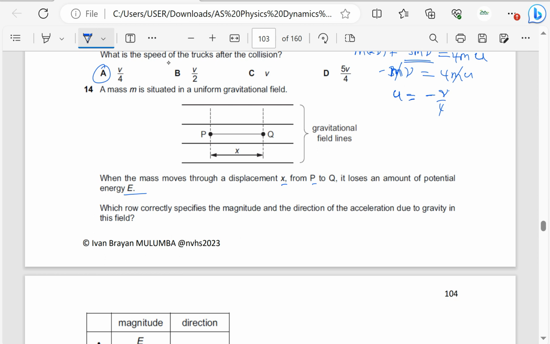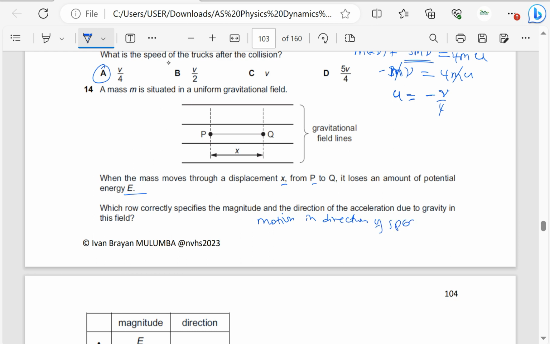So this is a gravitational field. Of course, the mass is moving from P to Q in the direction of the field. Since motion is in the direction of the field, the body accelerates, but it is a uniform field, so the acceleration is constant.